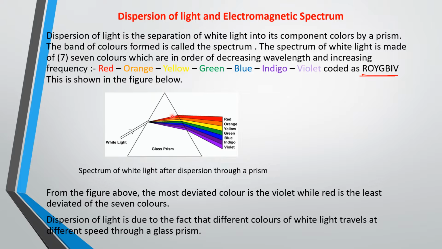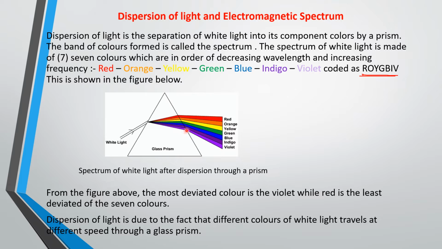This makes up the visible part of the electromagnetic spectrum, which I'll come to later. So this is the white light that is deviated, and if you look at it, you find that amongst all these components of the light, the red is least deviated while the violet is most deviated. Dispersion is a result of refraction of light rays as they travel from one medium to another.